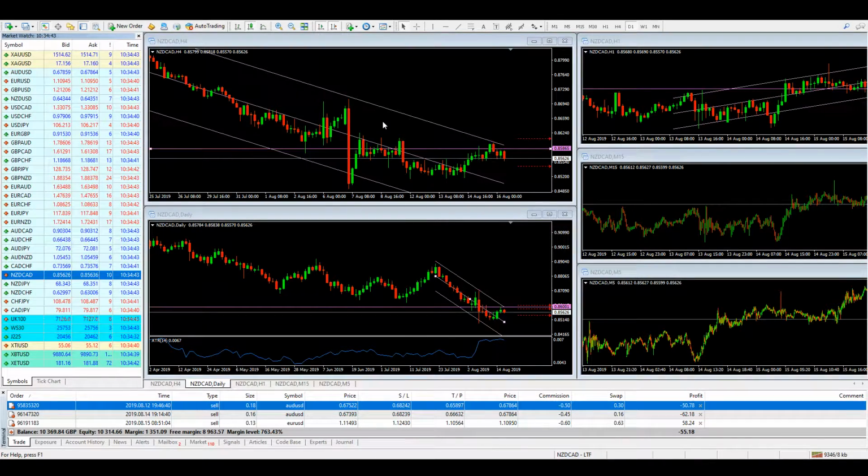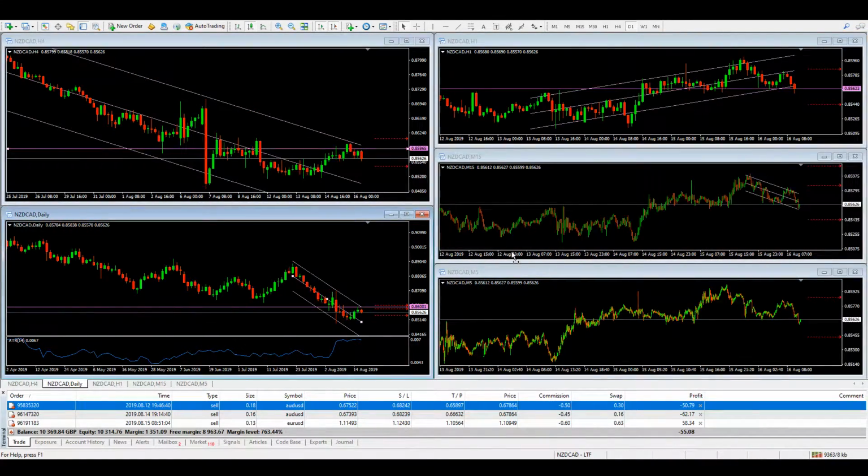So the swap on this is $1.50 that needs to be paid. So it is one that you need to bear in mind. There are carry costs involved in this, and this would be a tricky one. I wouldn't risk more than 0.5% on this if I were to trade it.